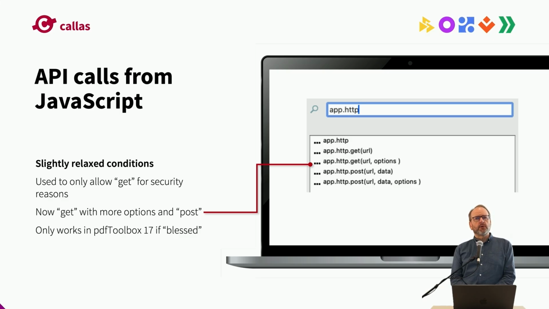So it could do the first 2 things that you could see there, the get call with a URL, and then the get call with the URL and options. Except that there was only one option that was supported. So it was kind of limited, and you could not do post calls or any type of authentication or anything like that.